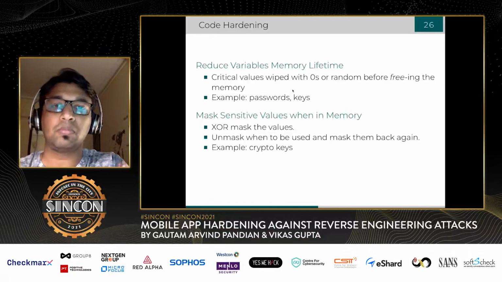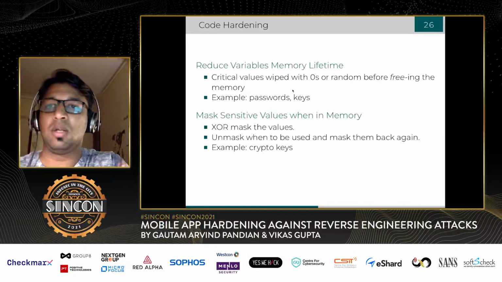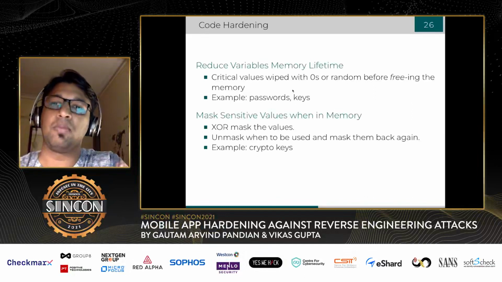So what does masking mean? For example, there is a particular session key that will be used multiple times in a particular session or in a particular time window. So you cannot always be zeroing it and resetting it.